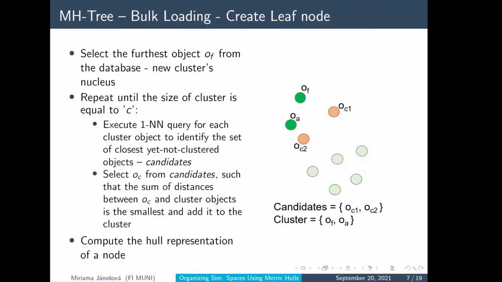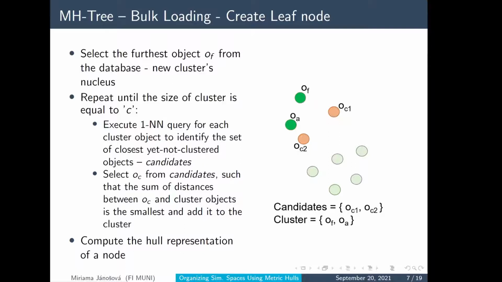To form a leaf node, we start by selecting the furthest object OF from the database. Such an object then becomes the new cluster's nucleus. Subsequently, until the capacity of the leaf node is saturated, we form a candidate set of the closest yet not clustered data by executing 1NN queries for each cluster object.